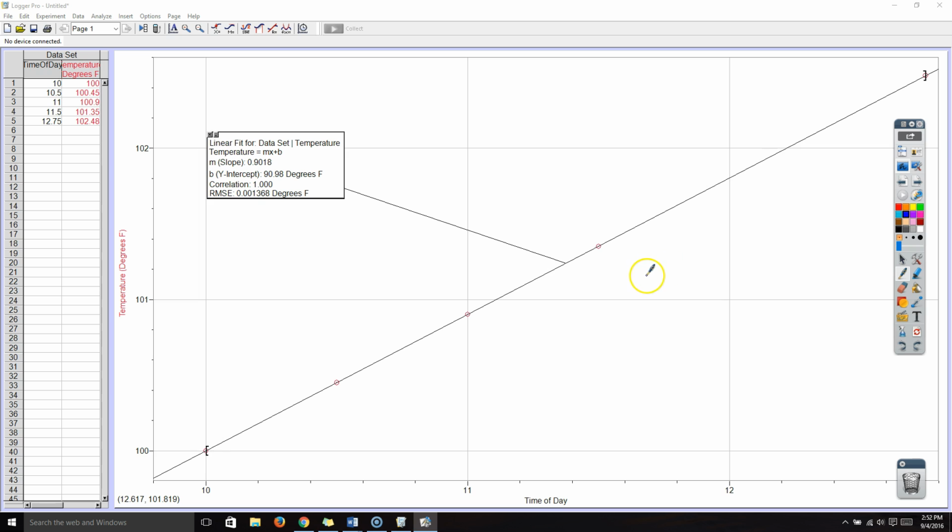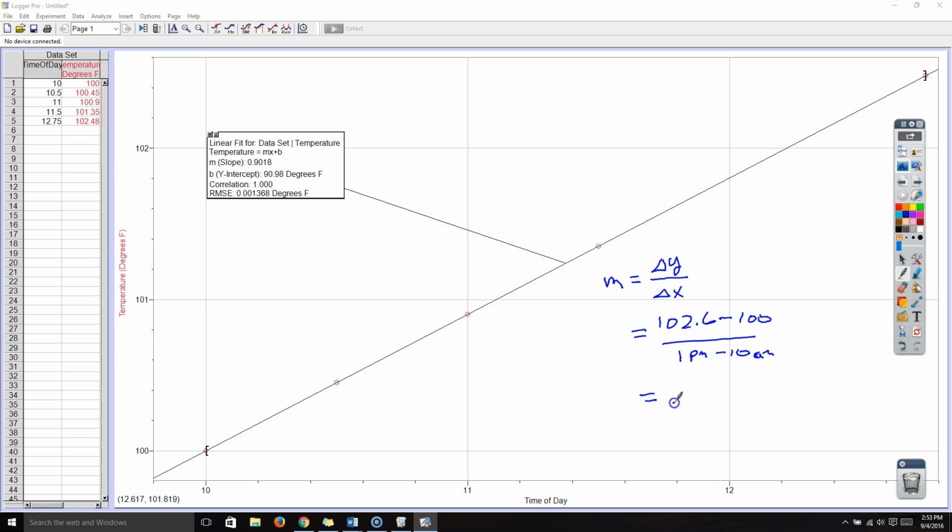So our slope here is just equal to the change in the values on the y-axis divided by the change in the values on the x-axis. So we've got 102.6 minus 100, and we're going to divide that by 1 p.m. minus 10 a.m., which would give us 3 hours.